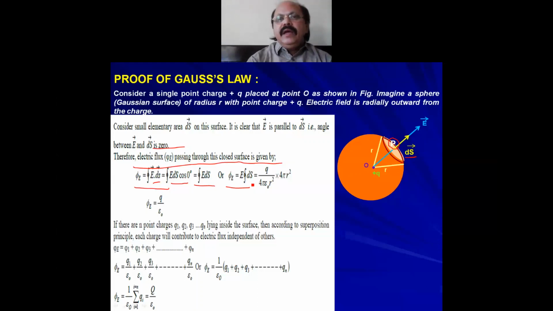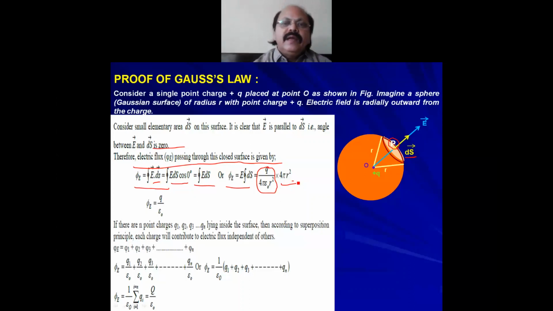Then the electric field intensity at every point on the Gaussian surface, as you already know, due to the point charge plus q is E equal to 1 upon 4 pi epsilon naught q upon r square. So you write here q upon 4 pi epsilon naught r square, and the area, that is the area of the spherical surface, 4 pi r square.